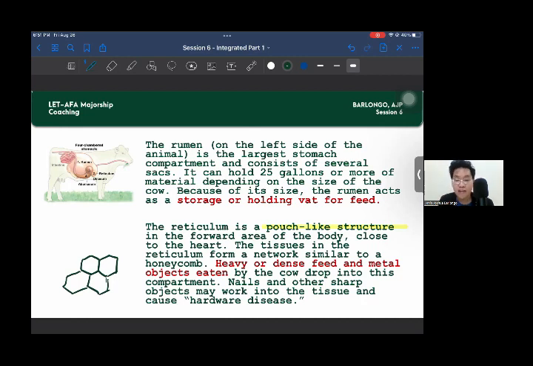So, kinakain lang nila kung anong meron doon. So, there are times na nakaka-ingest sila ng other elements. Ayun. So, doon pupunta yung mga nails, ayan, and sharp objects that work in the tissue. So, ayun yung purpose ng reticulum. Ang distinction niya is mukha siyang honeycomb.